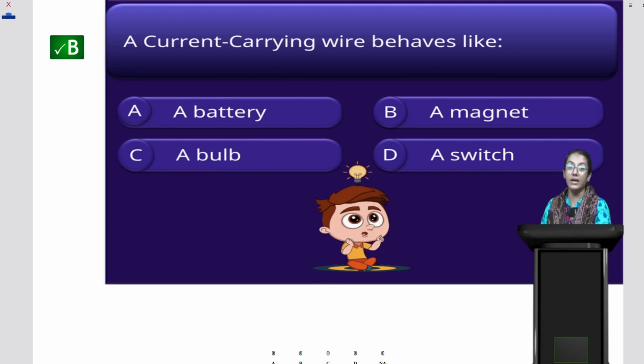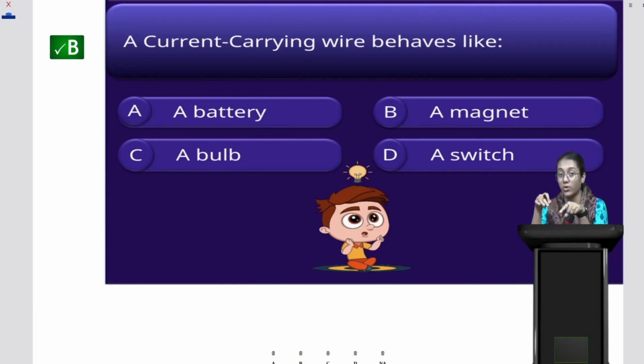A current carrying wire behaves like a magnet, as whenever the current is flowing through the electrical wire, one magnetic field is generated around it, isn't it? So after generating the magnetic effect, what will happen? They will behave like a magnet, isn't it? In the first case, we saw one science model.